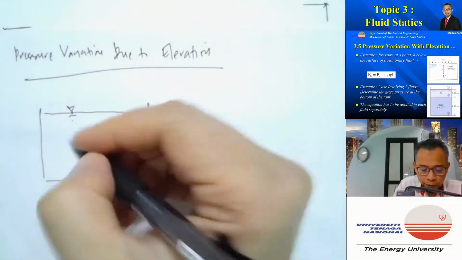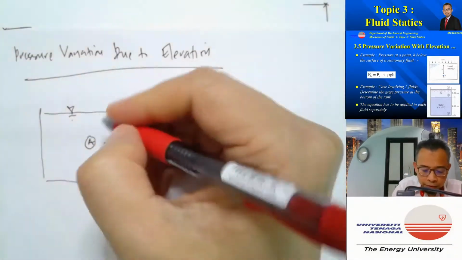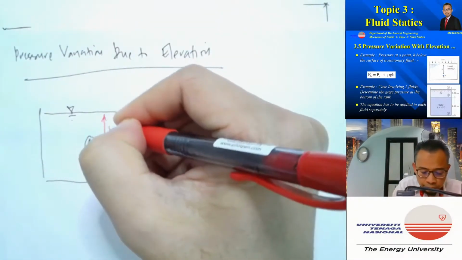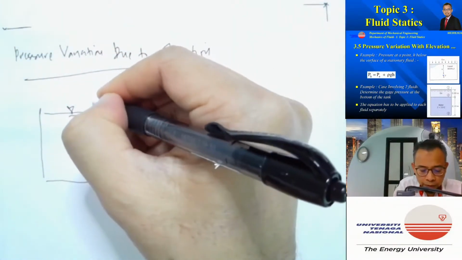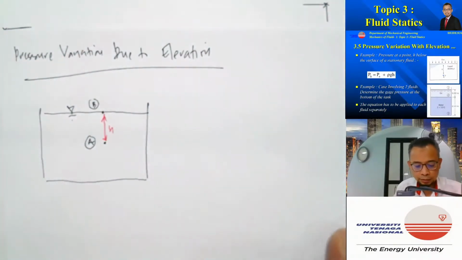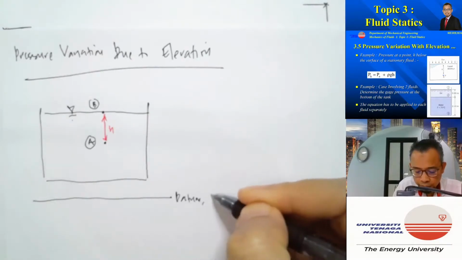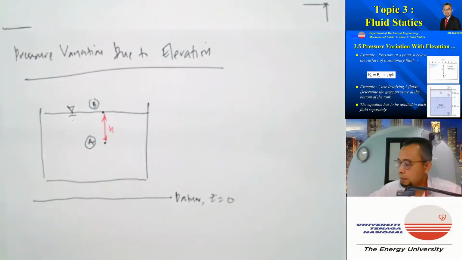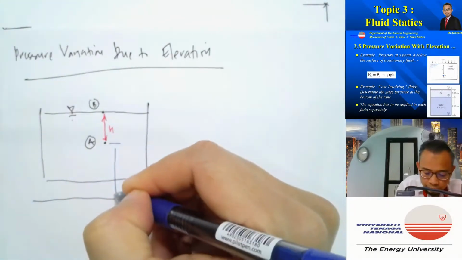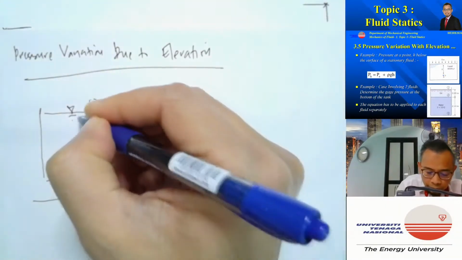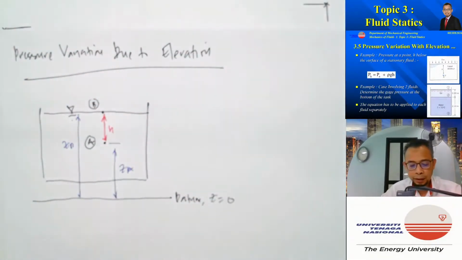Let's say this is a point A, whereby the distance from the water surface is H. And I can call the water surface as point B. So we can draw our datum, which can be anywhere. That is where Z is equal to 0. So this will be ZA, and this will be ZB.